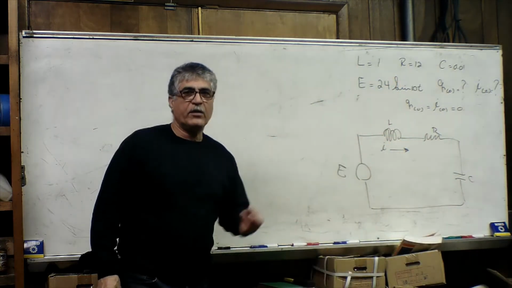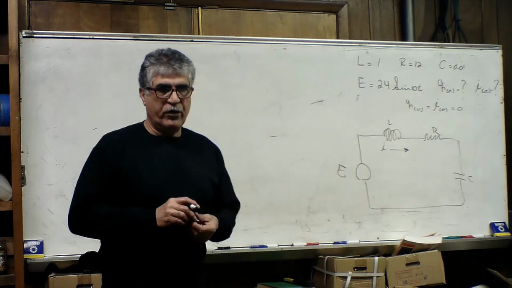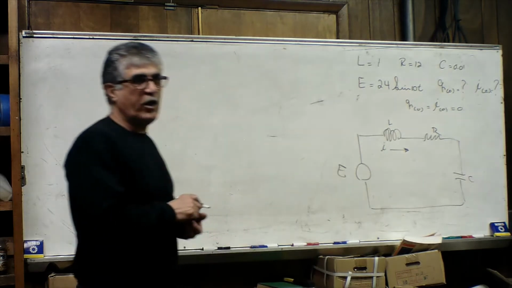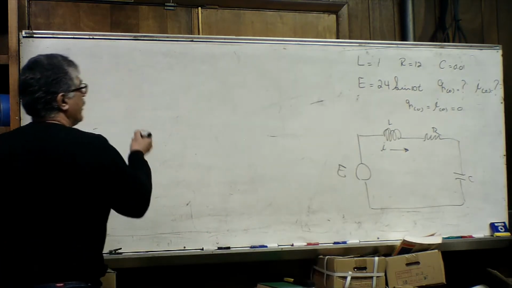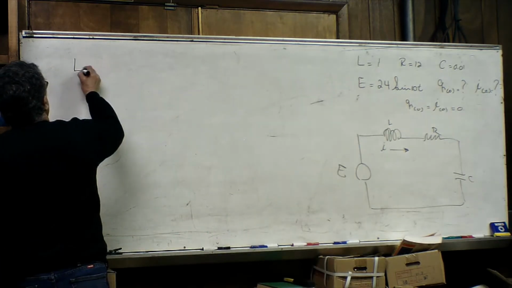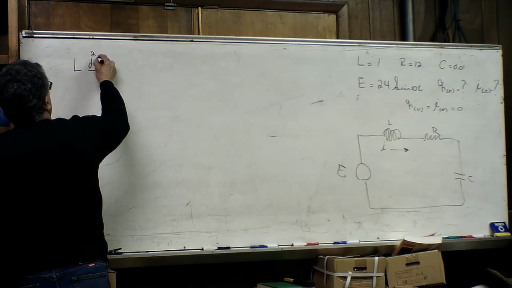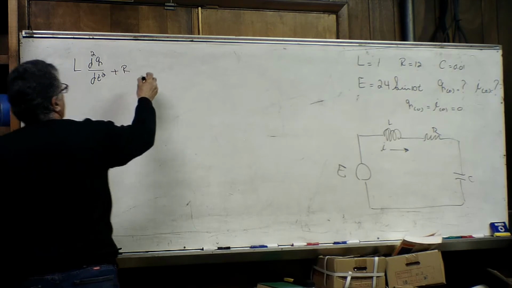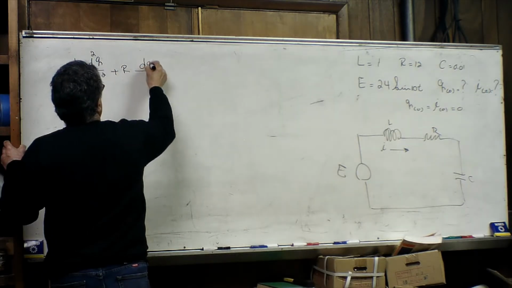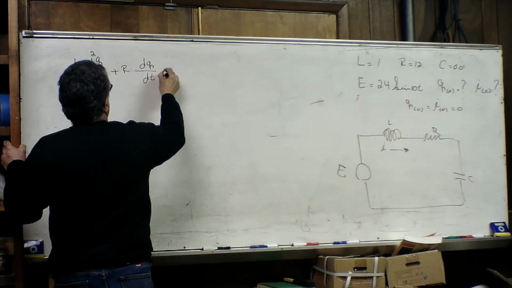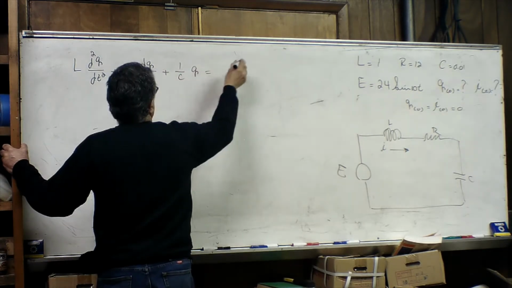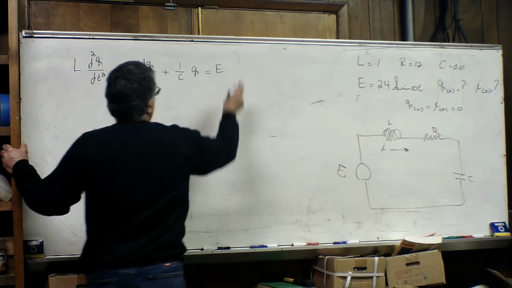If you look at my first video on this subject, you can see that we came up with the general formula in the form of L d2q/dt squared plus R dq/dt plus 1 over C Q is equal to our total voltage.